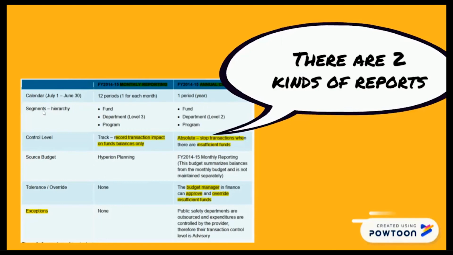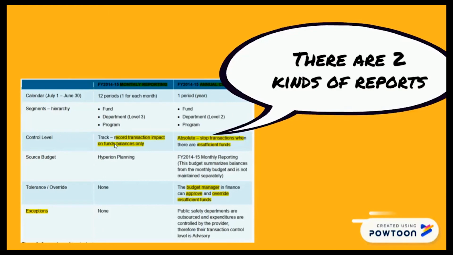In the segment hierarchies, it includes the same thing, but in the monthly it will focus on level 3 of the department, while in the yearly it will focus on level 2 of the department.